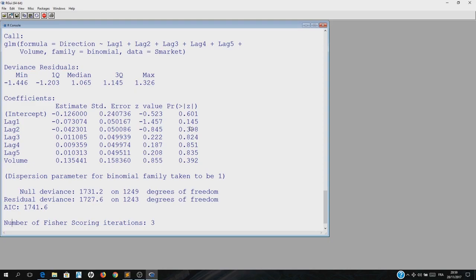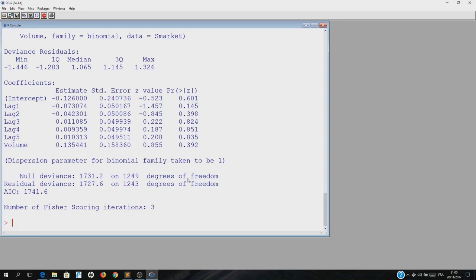If someone could predict the stock market with 90% accuracy, he would be super rich. So yes, it's really hard to predict. The p-value is also kind of high compared to the previous time, and we're going to see even more of that, so don't worry.